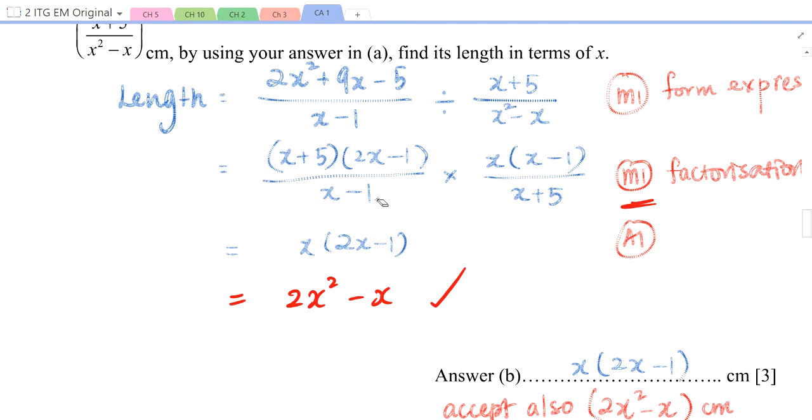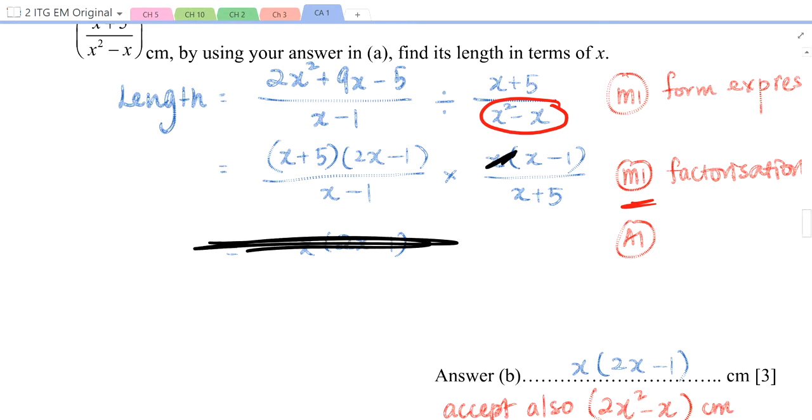So I saw many students did not factorize this x squared minus x. When you did not factorize it, you ended up with this one, x squared minus x. So you saw that you can cancel this part.